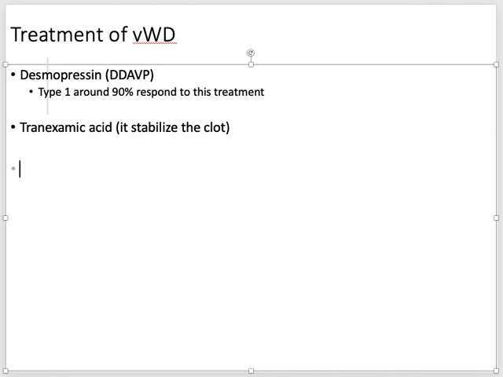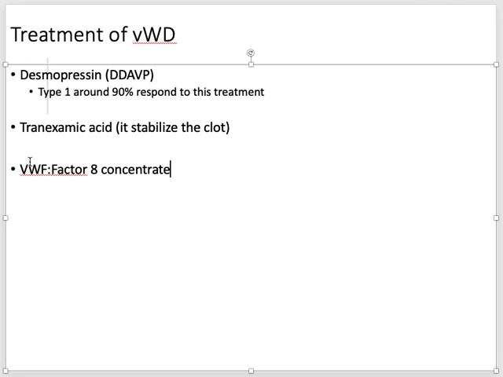And what happens when someone doesn't respond to this? Anyone who is not responding to desmopressin, we can simply provide them with von Willebrand factor plus factor 8 concentrate. Okay, we can provide them with this.